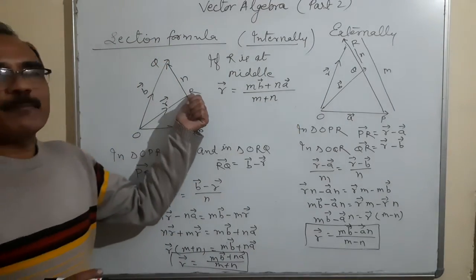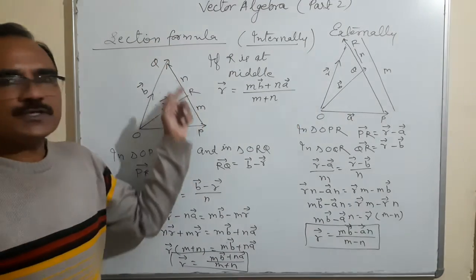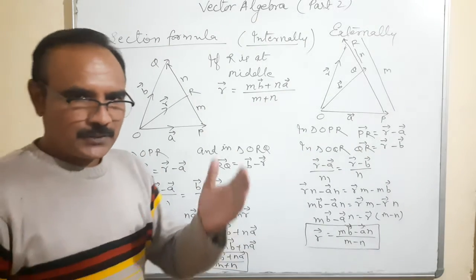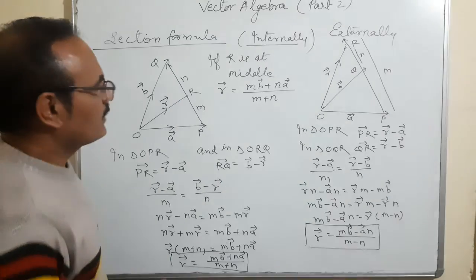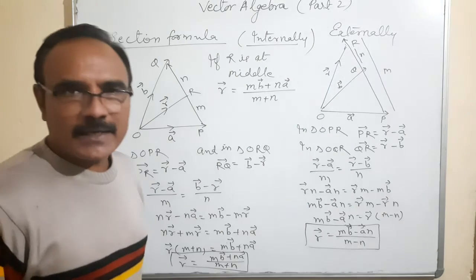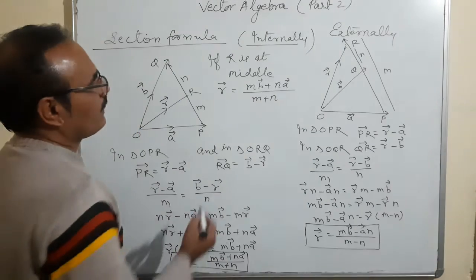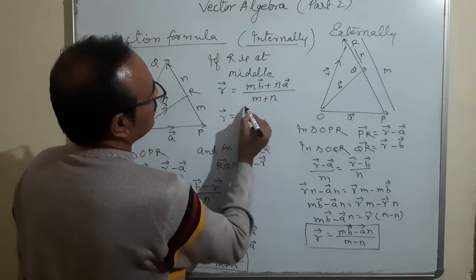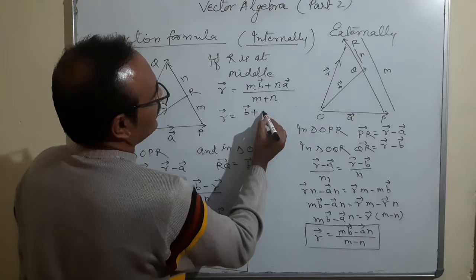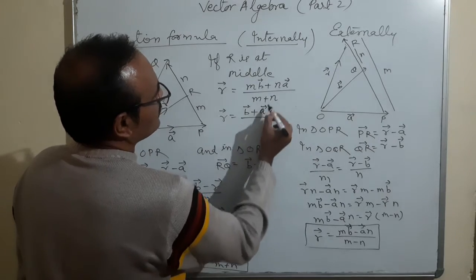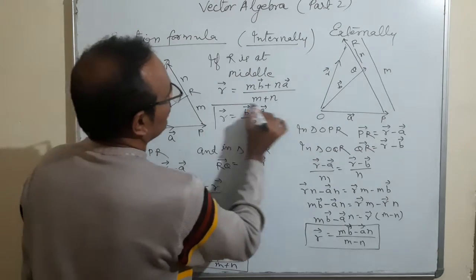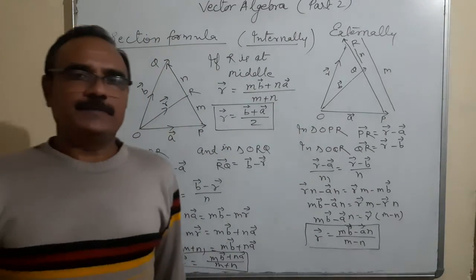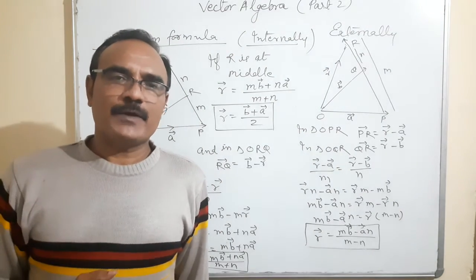If R is at the middle, what does it mean? Same ratio is here. That means the value of M and N are equal. And equal, what does it mean? It is 1:1. So what I am doing here, in place of M and N, I am going to put 1 and 1. So vector R is equal to 1 vector B plus 1 vector A upon 1 plus 1, it is 2. This is the condition when the point R is at the middle. Okay, and this is called the midpoint formula also.